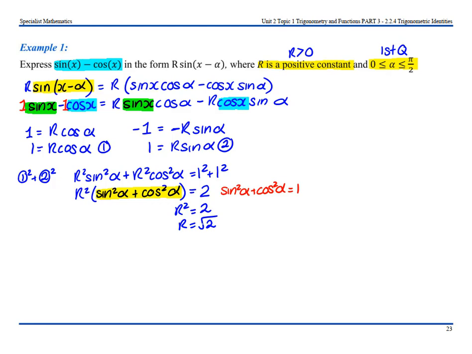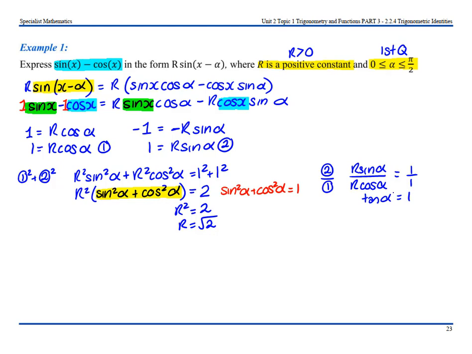Now I'm going to do this off to the side. I'm going to go equation 2 divided by equation 1. So now I have r sine alpha over r cos alpha equals 1 over 1. So tan alpha equals 1.